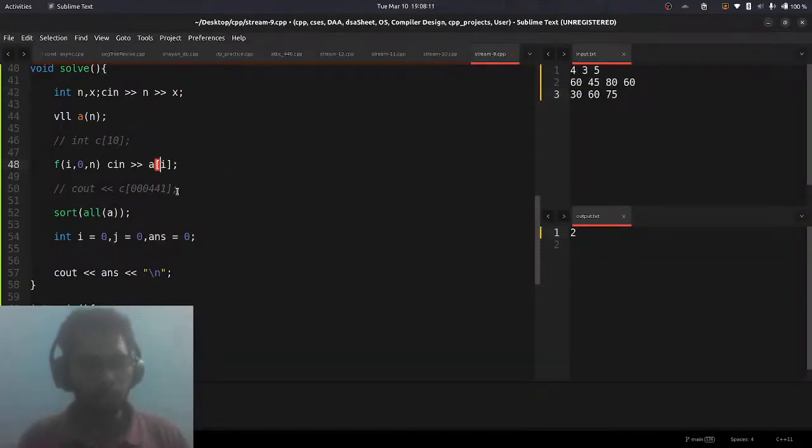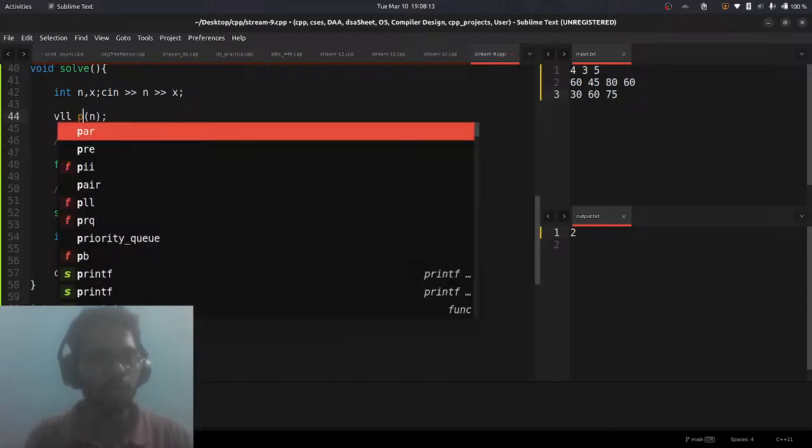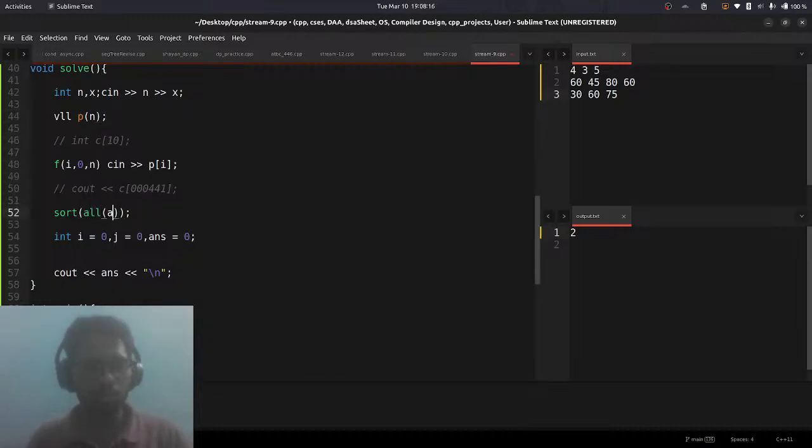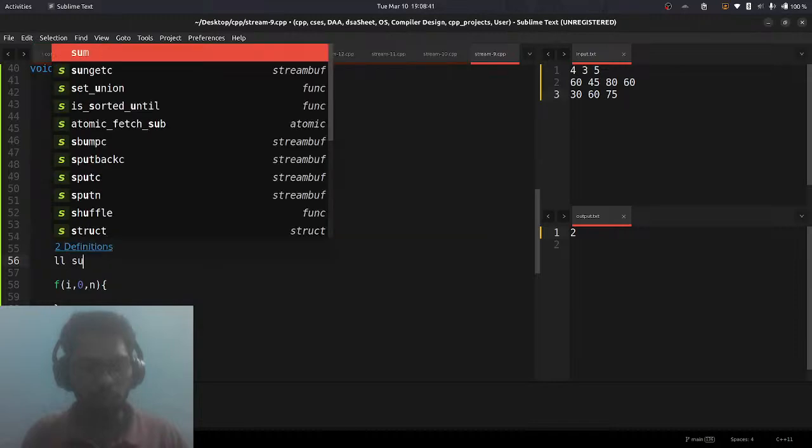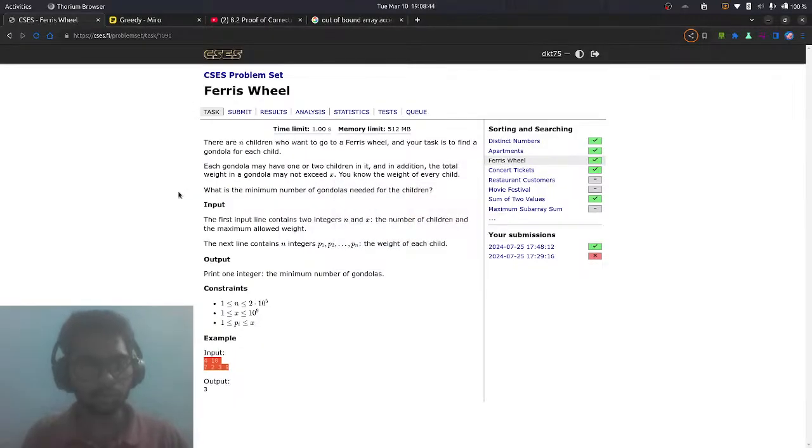Okay, so we sorted it. We have the weight here, and what we will do is keep a sum. x cannot be 10 to the power 9, so an integer sum will work here.